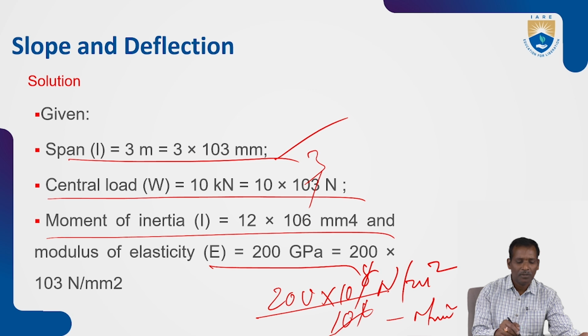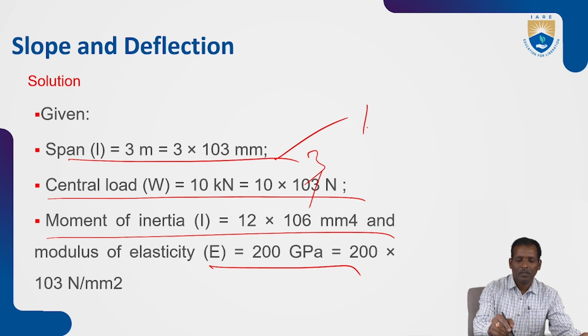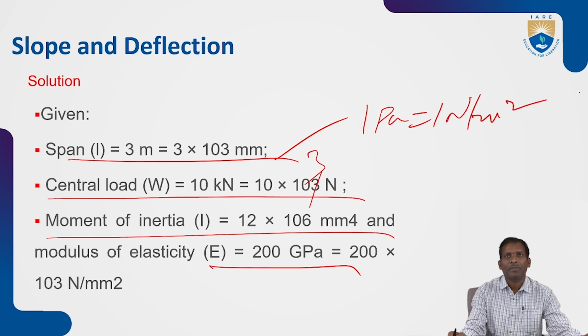1 pascal is equal to 1 newton per meter square.